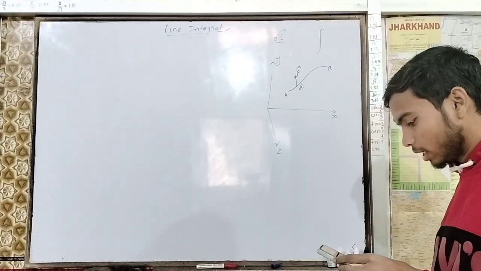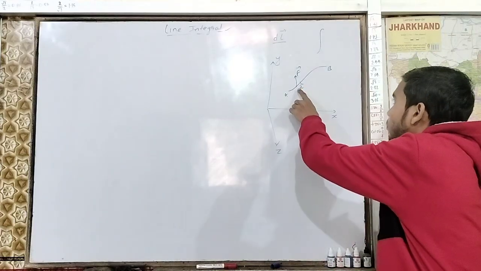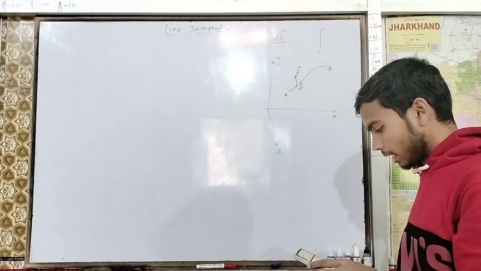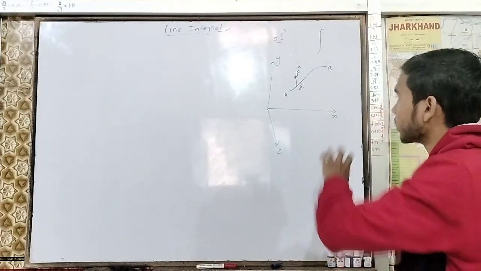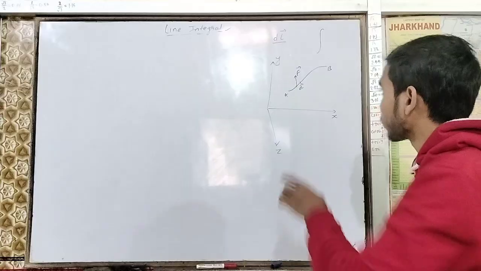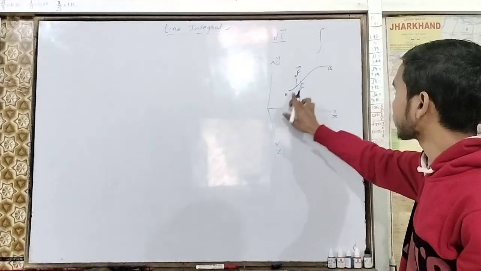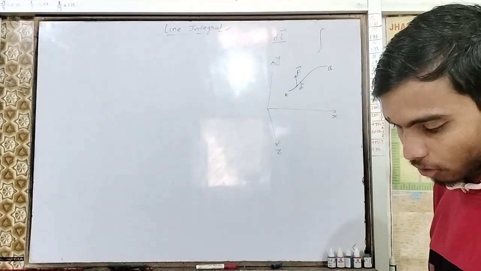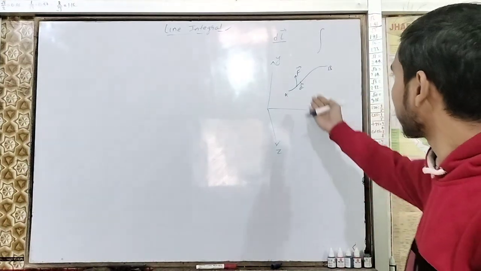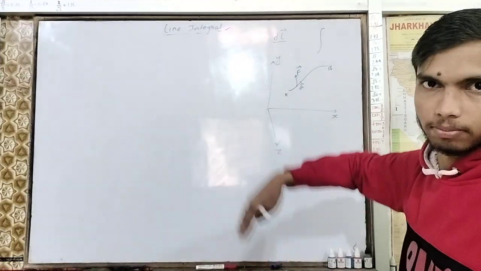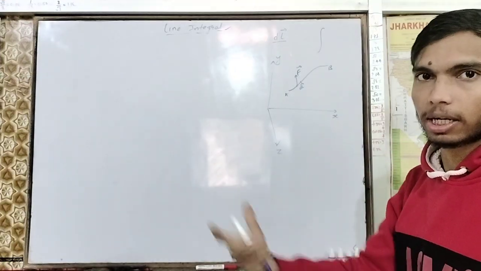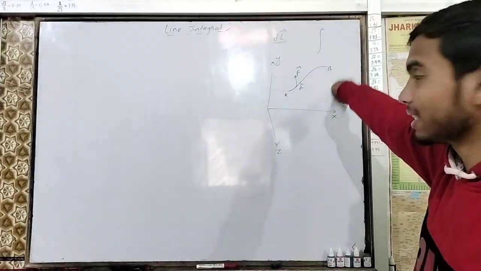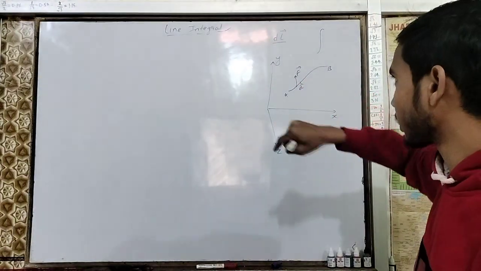So dl is at a point on a smooth curve AB from A to B. A is the initial and B is the final, drawn in a vector field. Remember, this is in a vector field, meaning we have a field which is a vector. So this curve is present in the vector field.